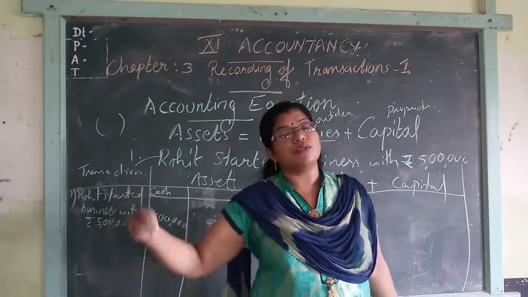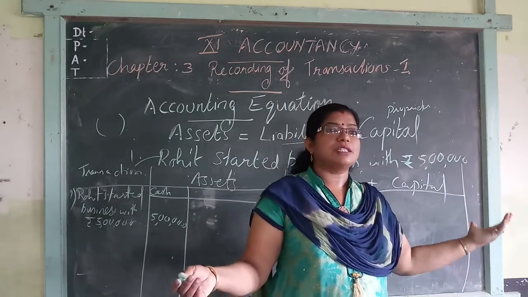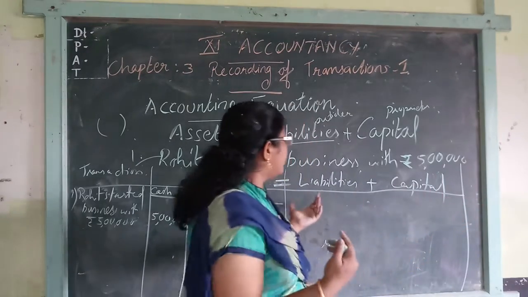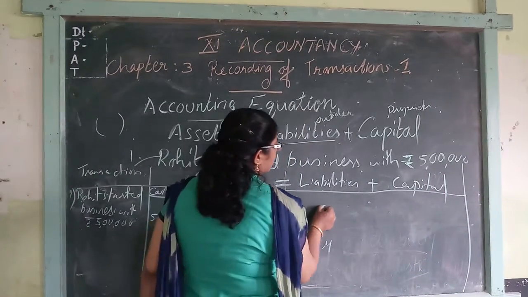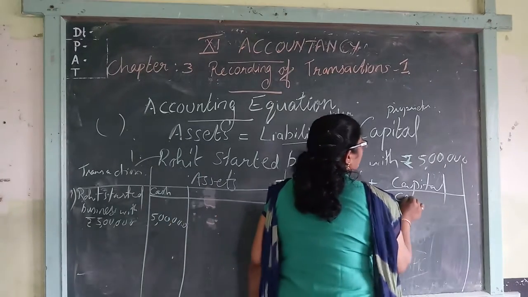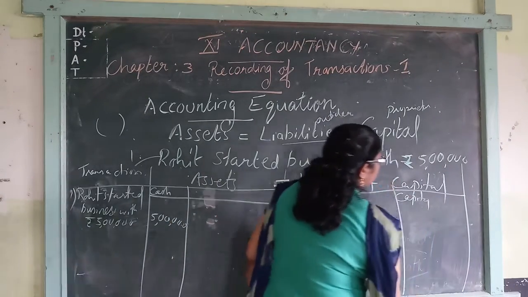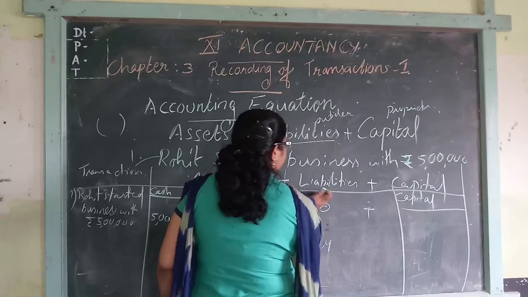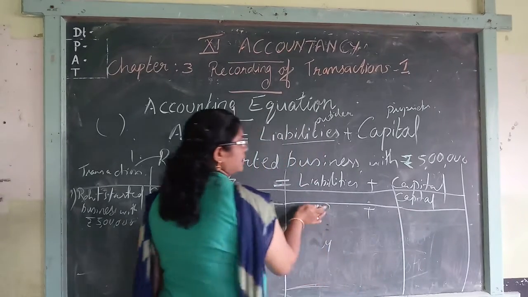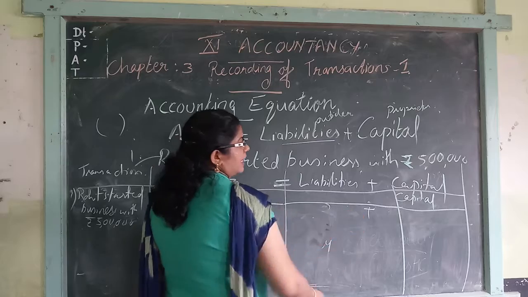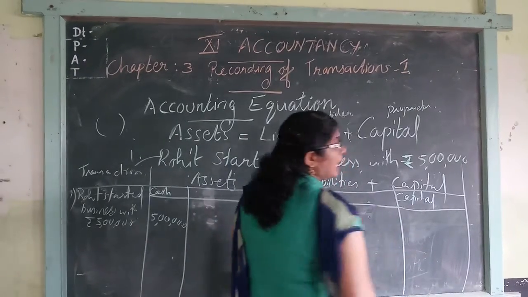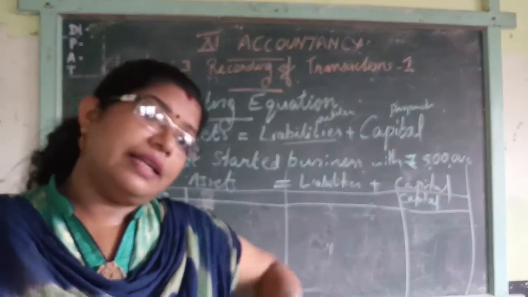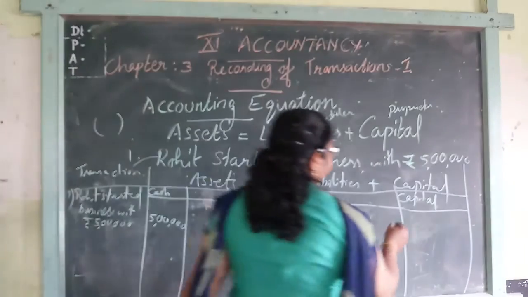On the liability side there are no liabilities here, but in the capital column we write the amount. If any liabilities come, we can write their heading. Did capital increase or decrease? The amount was deposited in the business, so capital increased, plus sign, 5 lakh.